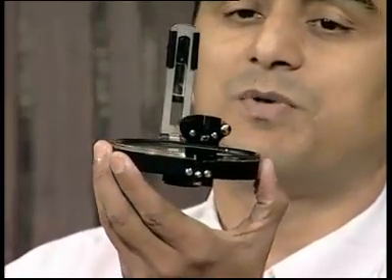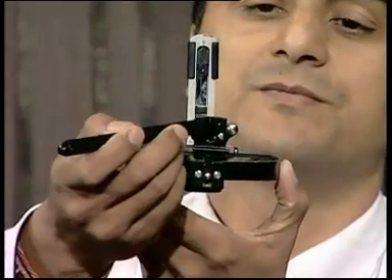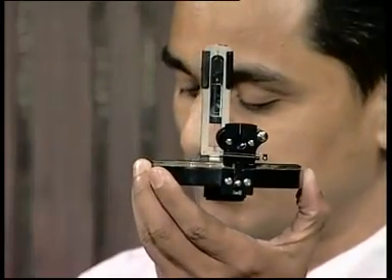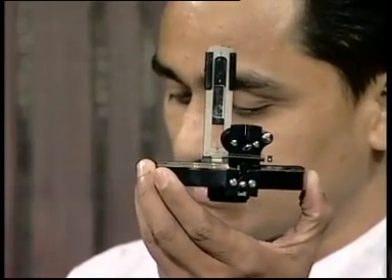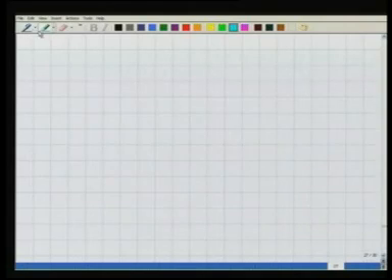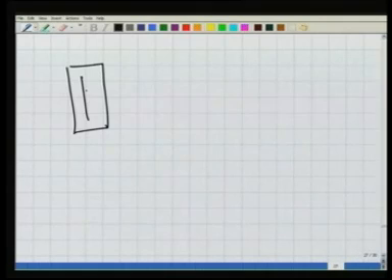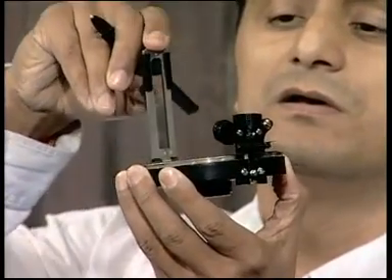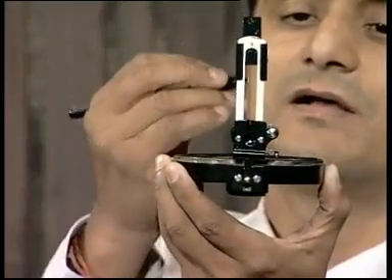Now on this particular part here, in this vane, there is a very fine slit. Now what is the meaning of slit? The slit means, if I draw it here, a very narrow opening, while at the other end, over here in this vane, there is a wire.